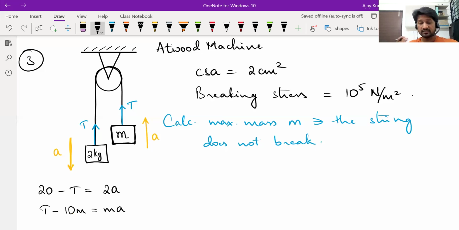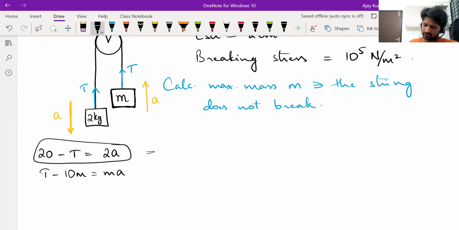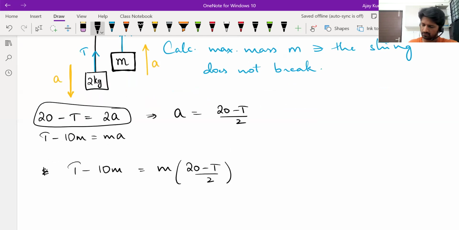Our aim is to get tension in terms of M here. So we should not eliminate T, we should eliminate A. What we'll do is take A from the first equation and put it in the second equation. From the first equation, A becomes (20 minus T) divided by 2. Substitute it here. You get T minus 10M is equal to M into (20 minus T) divided by 2. We'll have to readjust this equation.